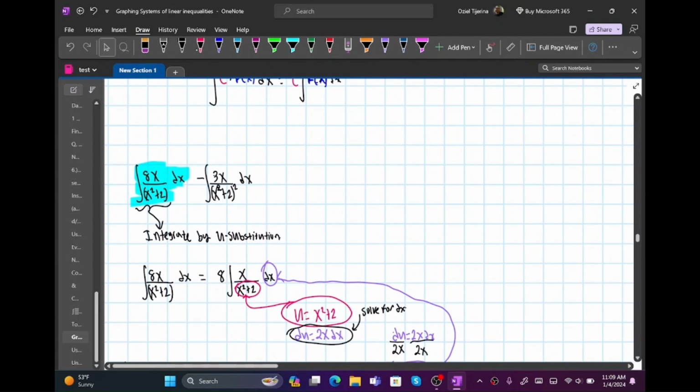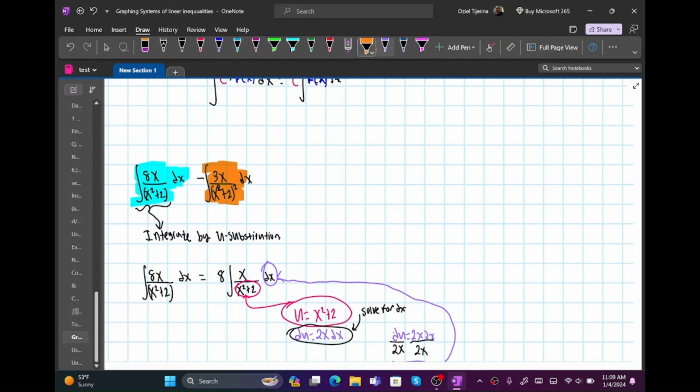Now the next part, we're going to integrate the positive integral of 3x over x squared plus 2 quantity squared dx. Once we do all of this, we're going to plug it into both of the formulas. So I will do this over here.